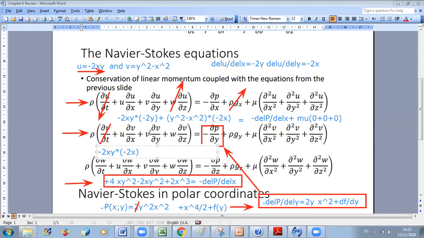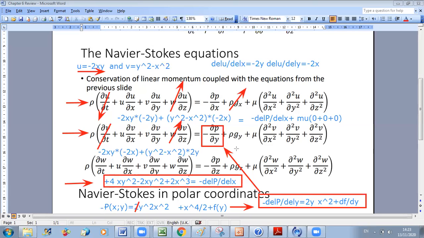Now plus v del v by del y, so it's plus, for v I replace by y squared minus x squared, y squared minus x squared times del v by del y. Del v by del y is 2y, so times 2y. Now w is 0, so this term will cancel out.